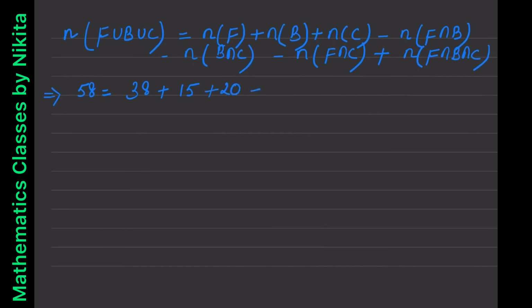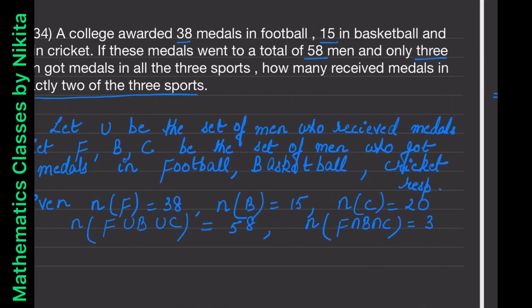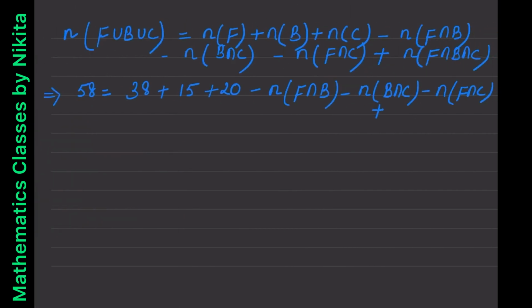Then these values we don't know. Minus N of F intersection B minus N of B intersection C and minus N of F intersection C, and plus we know this value also, it is 3. So plus 3.